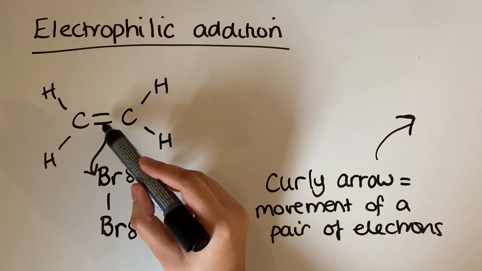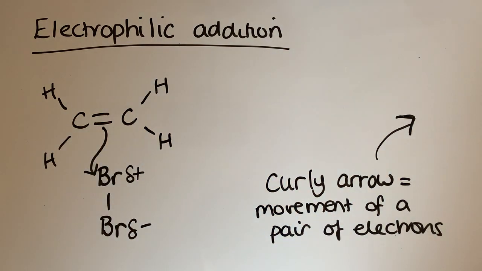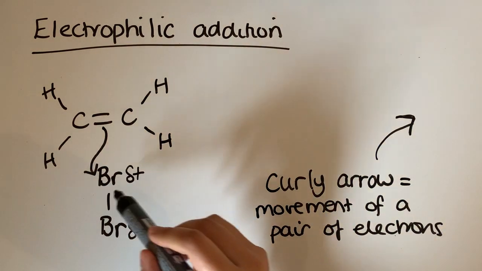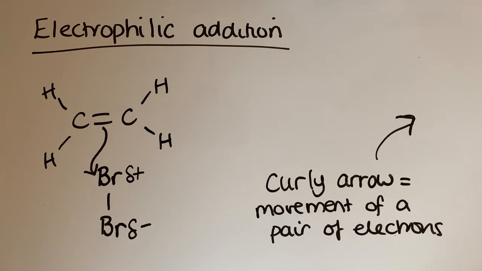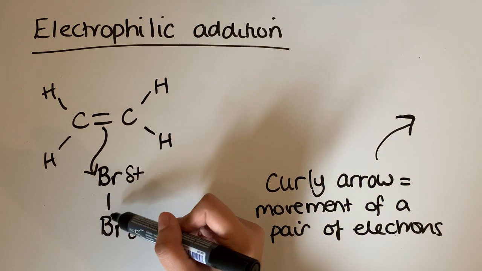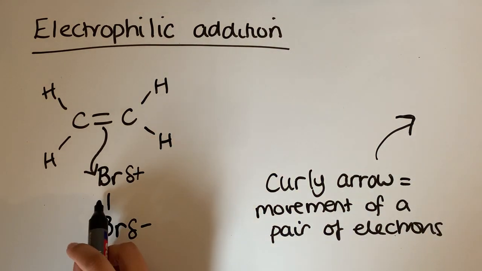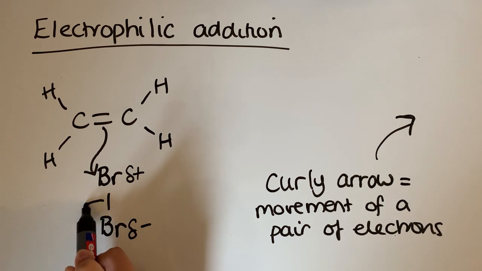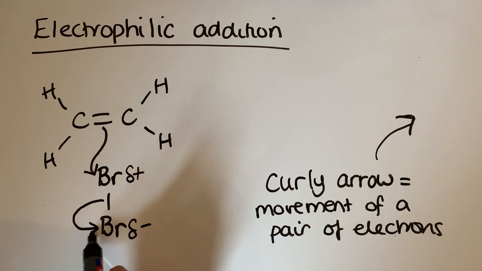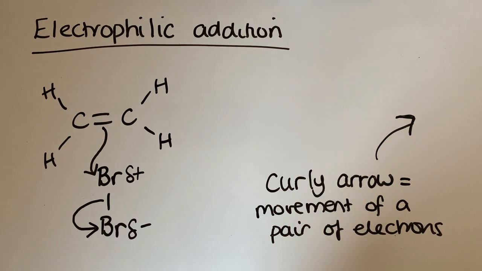So a pair of electrons are going to come here. And then at that point in time, that bromine has too many electrons. So that means this Br-Br bond must also break. To show that bond breaking, I have to start my curly arrow from the bond and it goes to the Br delta negative.